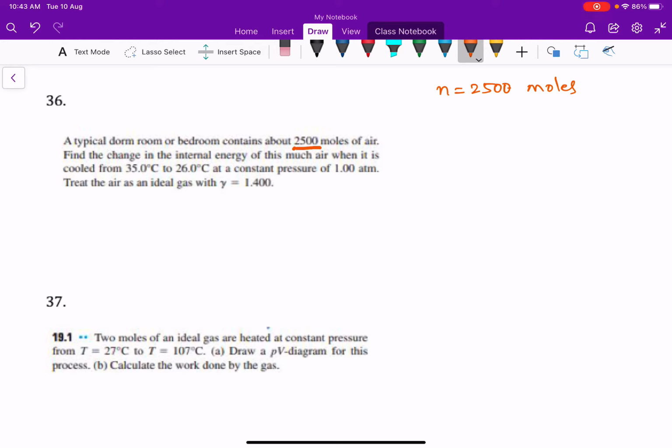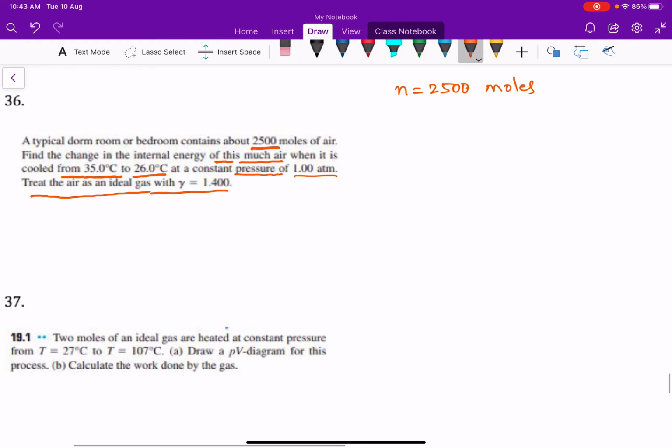Find the change in internal energy of this much air when it is cooled from 35 degrees Celsius to 26 degrees Celsius at constant pressure of 1 atmosphere. Treat the air as an ideal gas with gamma equal to 1.4.